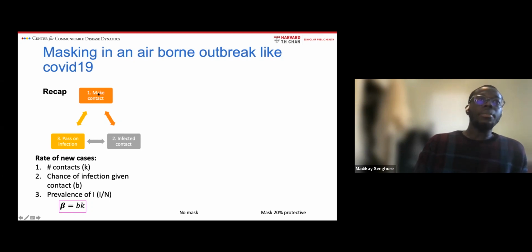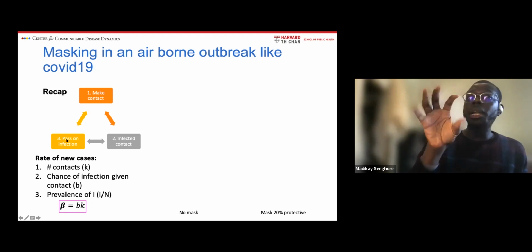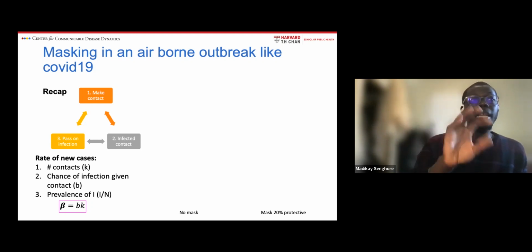So you have a human behavior aspect here: how many contacts are people making? You have population dynamics aspects here: what proportion of the population are infected? And you also have pathogen dynamics here: when you do create an opportunity for transmission, how well does the bacteria or the virus take advantage of that situation, right?